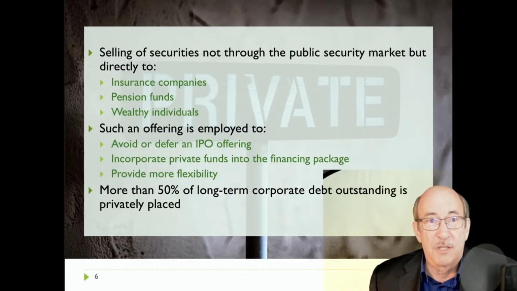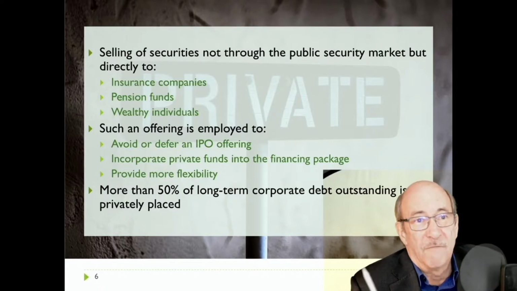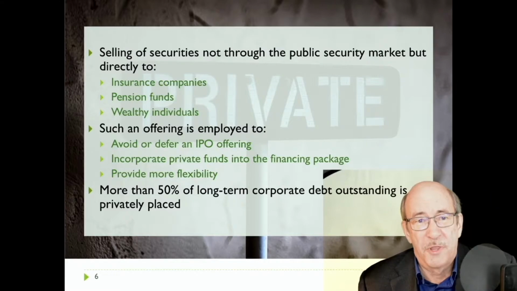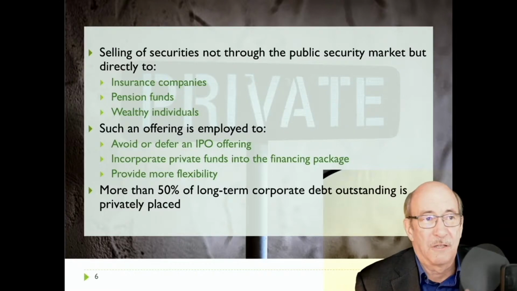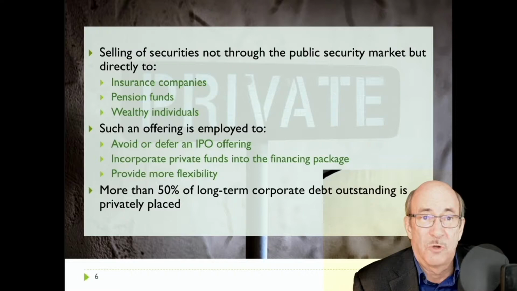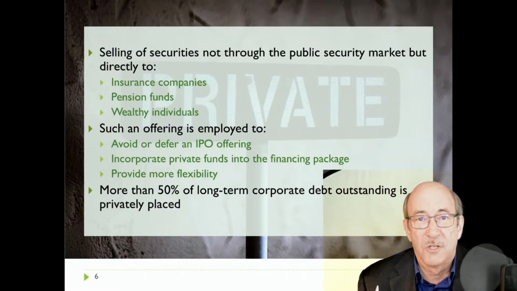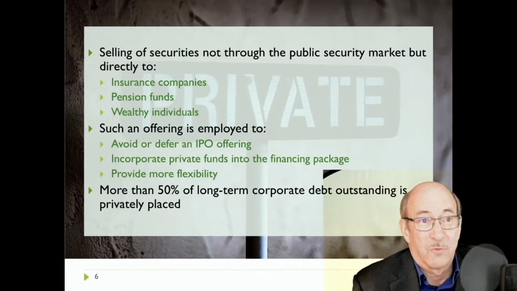So the participants in these are typically insurance companies. Now remember, insurance companies have massive investment portfolios because when they bring in their premiums, they don't immediately pay those premiums out in the form of payouts or claims against policies. There's usually some sort of mismatch. So what they do with those premiums is they invest them. In fact, that's where they make a sizable fraction of their income, through their investment portfolio.